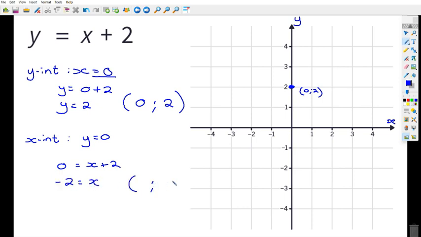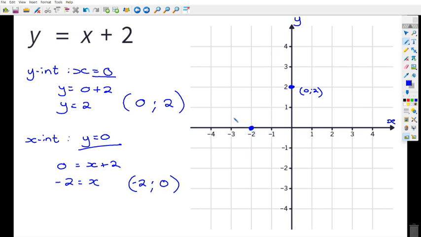Give me the coordinate that I just made here. My x value is negative 2, and what y value did I use to get this x value? I used y equals 0. So now you can see when I go plot this, this point is going to be on my x-axis. We go to negative 2 and 0, and there it is.